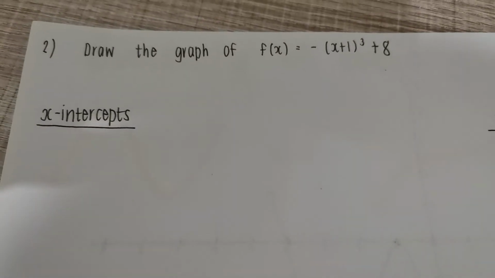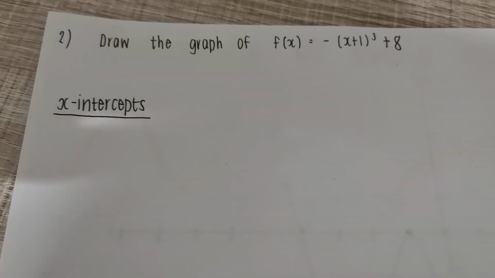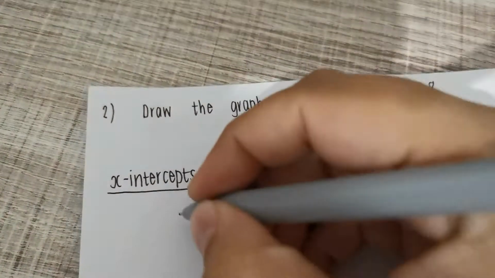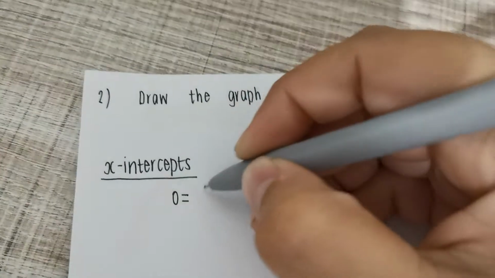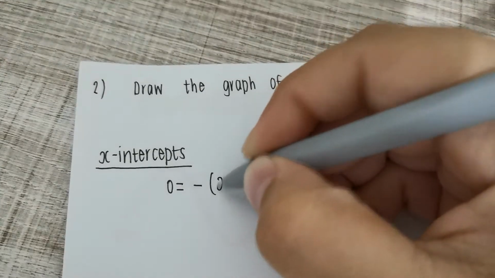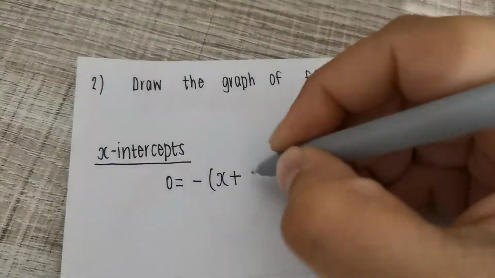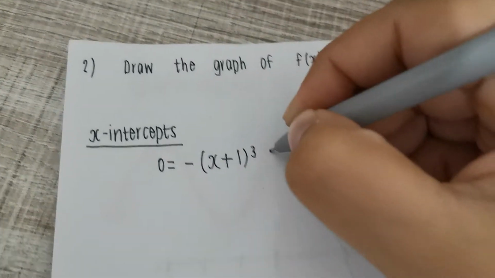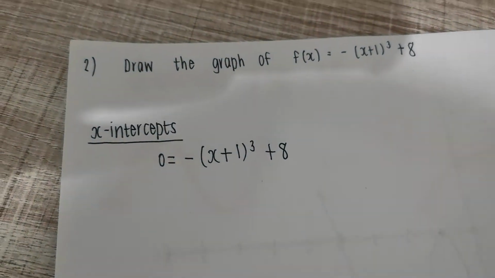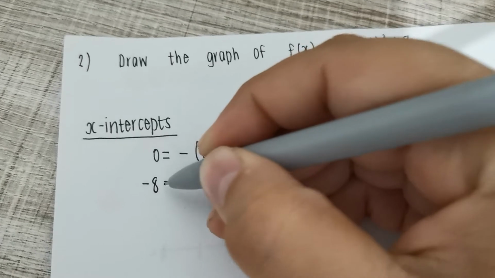Okay. To find my x-intercept, I need to make y equal to 0. So I'm going to say 0 equals... Okay, this here is negative 8.